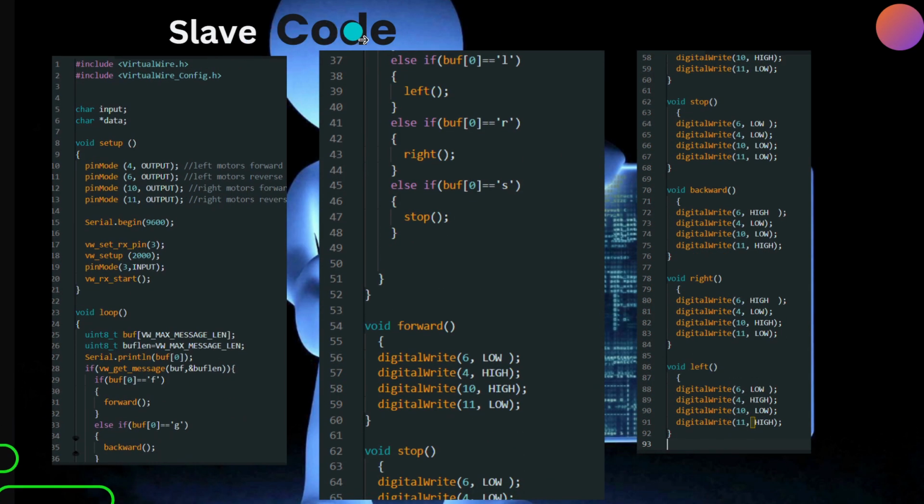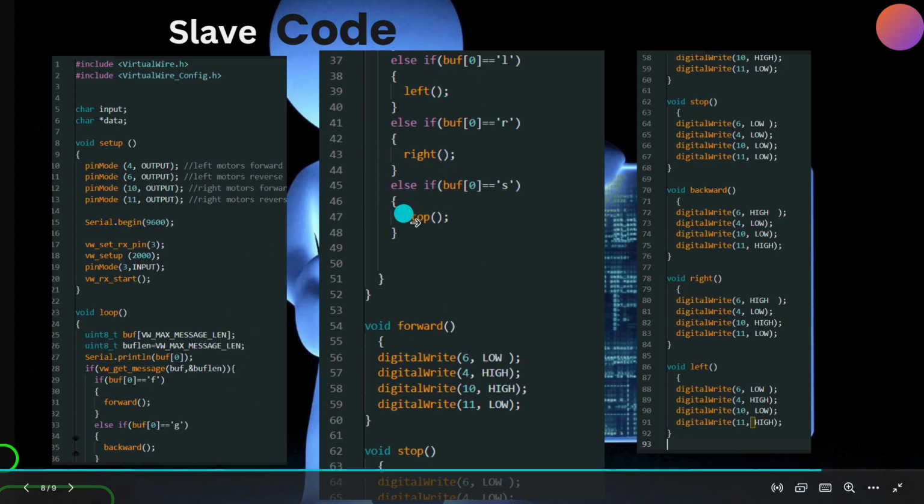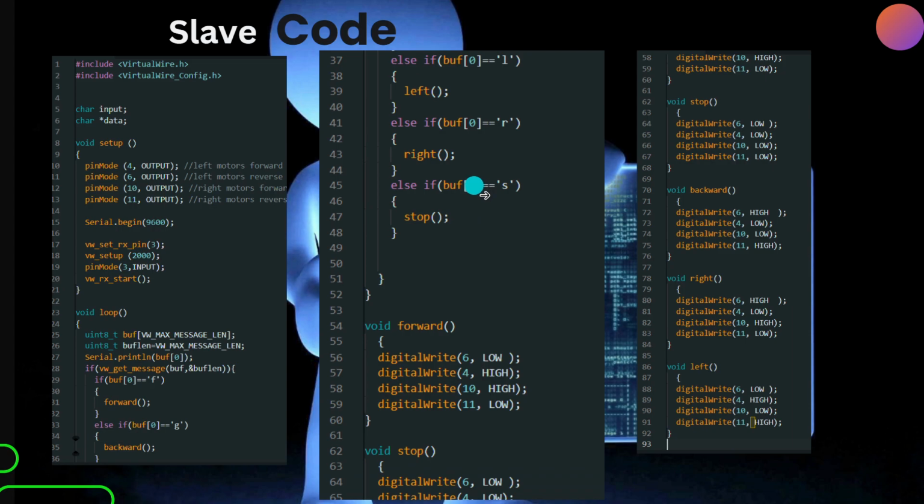this is the slave code. These are the pin modes 4, 6, 10 and 11 that I have selected. I have also learned it from somewhere. These else if statements are what happens if I press S, which means stop, if I press R, it means turning right, and if I press L, it means turning left.